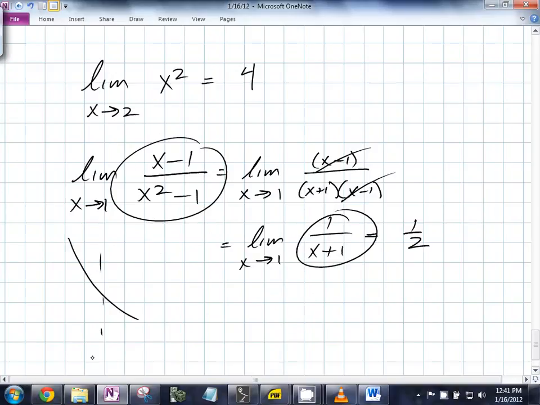It's a hole. It's not an asymptote, it's just a hole. So on this function, does it actually exist at x equals 1? No. The function does not exist at x equals 1. But what's the limit? Can you calculate a limit right there? Yes.